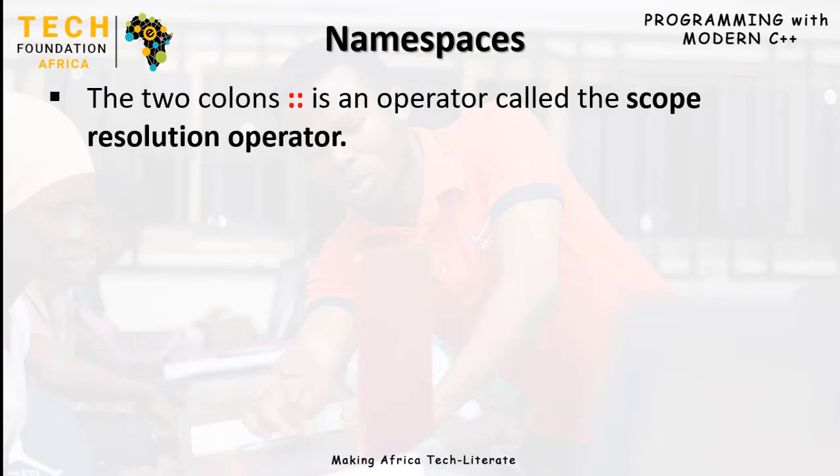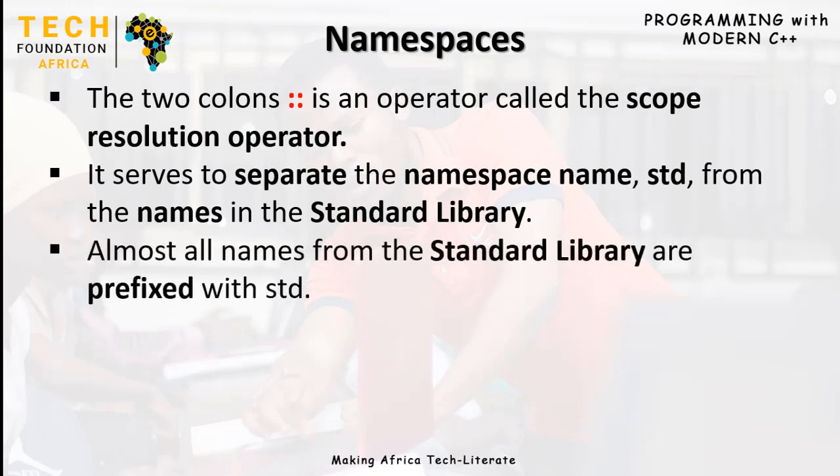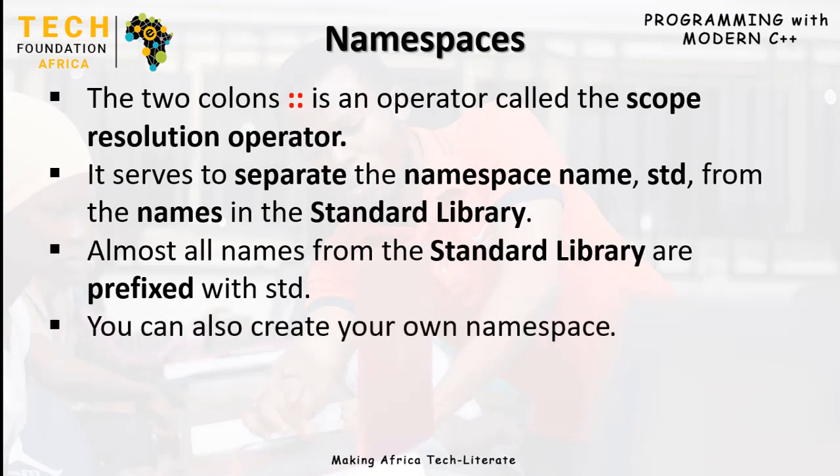What the scope resolution operator does is separate the name std from the names that have been defined in the standard library namespace. Is that okay? So they serve as a separator. They resolve the names. Almost all names from the standard library are prefixed with the std namespace name. Now you can also create your own namespace. You can actually create your own namespace.